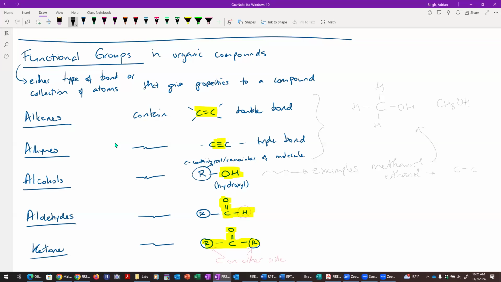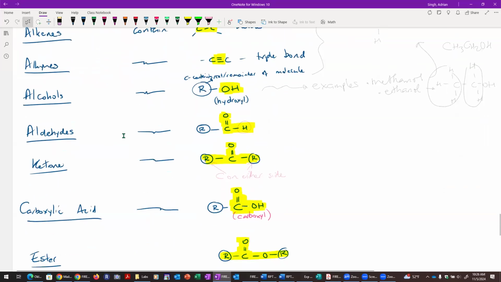This has two carbons connected to each other, and then the OH is connected to one of them. So we have a C and three H's, a C and two H's, then an OH. These are examples of alcohols. Methanol, ethanol, propanol, etc. have that hydroxyl, that OH group.